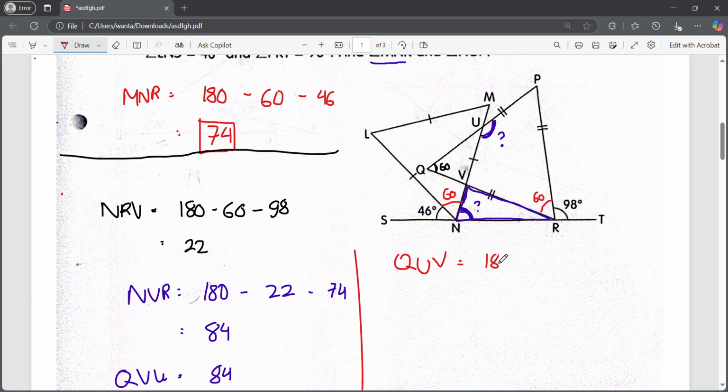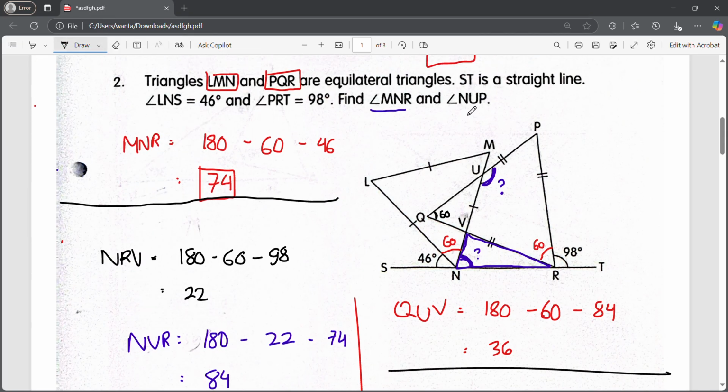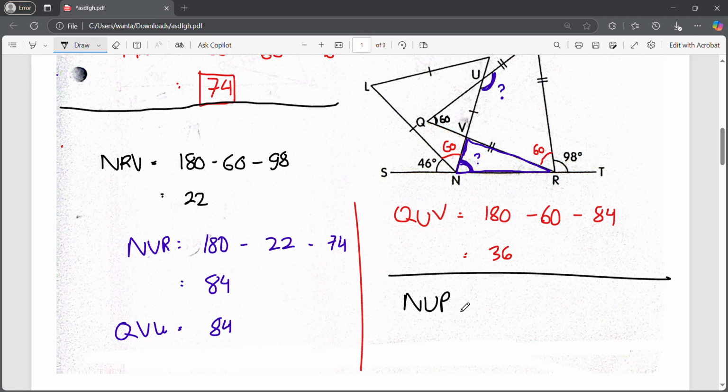QUV is equal to 180 minus the 60 minus the 84. 60 and 84 is 144, and 180 minus 144 gives us 36. So QUV is 36, and the final step is to find the angle NUP. NUP is equal to 180 minus 36, which gives us 144.